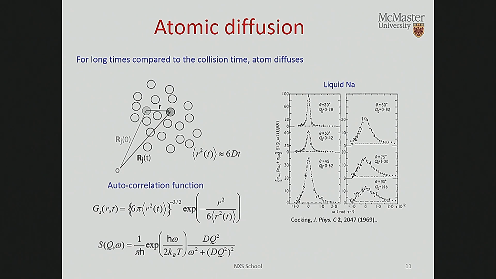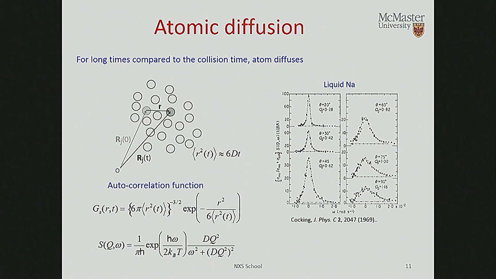So this is looking at the correlation between an atom at time 0 and the same atom at some later time t. Okay, and so you can write down this expression, at least in principle, for an autocorrelation function. Take 2 Fourier transforms of it, and you get the S of q and omega that's characteristic of this type of motion. Okay? And that actually gives you quasi-elastic scattering.